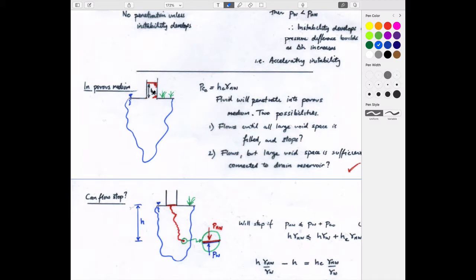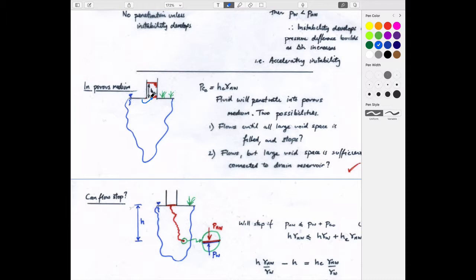You can go down through this column in this open barrel to calculate the pressure at this point here. And you can look at the pressure in the water immediately below this. You know that the pressure in the water has to be atmospheric because it's simply connected to atmospheric pressure here. The pressure in the red fluid has to be larger than that because it's got a column sitting above it.